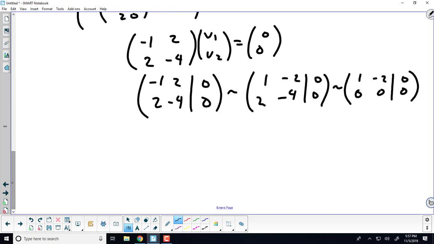All right, so what does that mean? If we're solving for v1, v2, then v2 is free and v1 is equal to 2v2. Everyone okay with that?